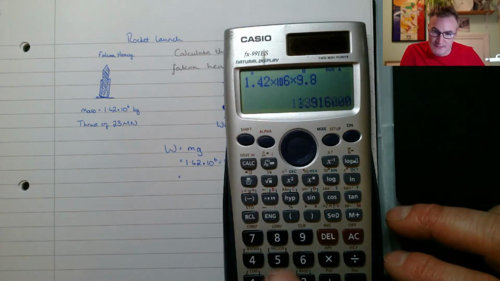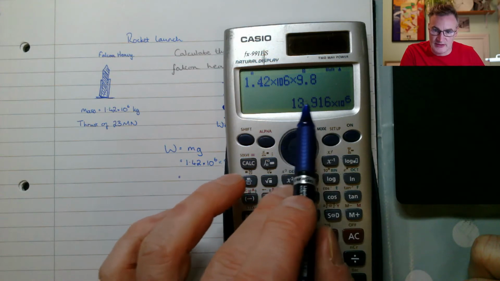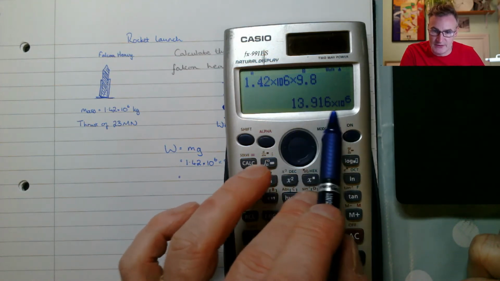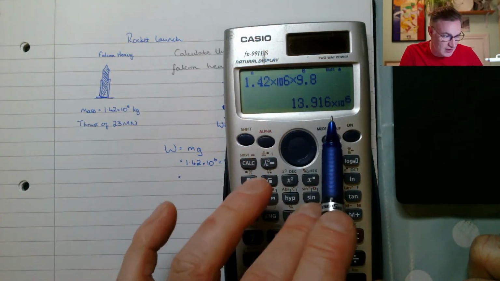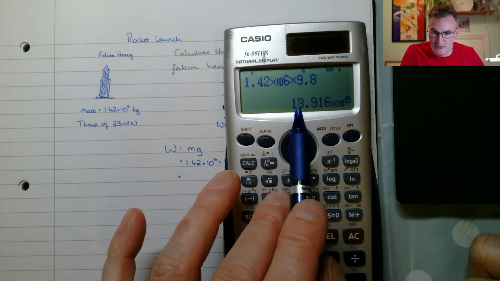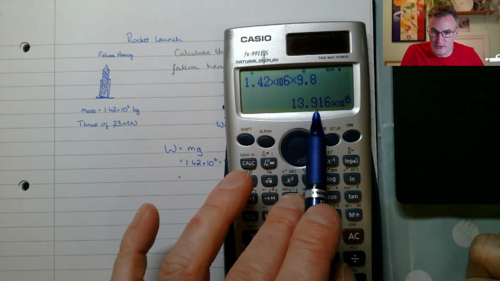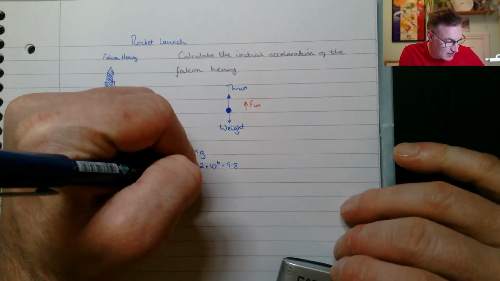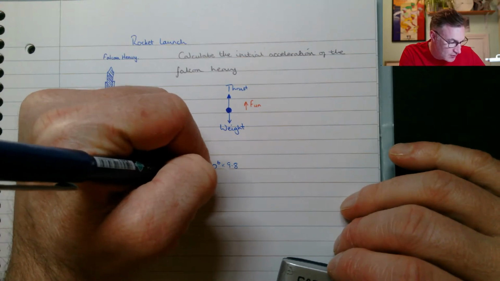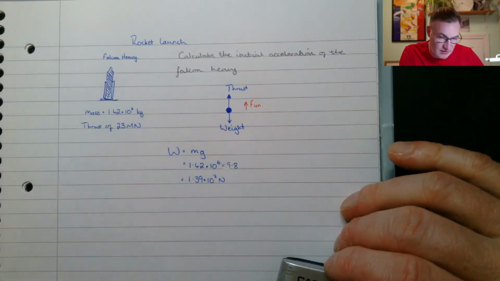If we push the Eng button, it's going to put it into scientific notation to the closest power of 3 that it can have. So 13.916, we can move it one more place, so let's just leave it as 1.39 times 10 to the power of 7 newtons.